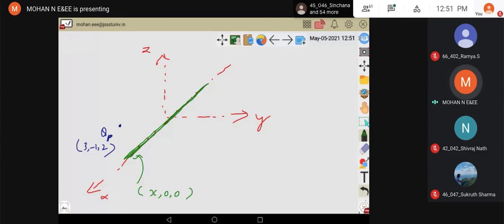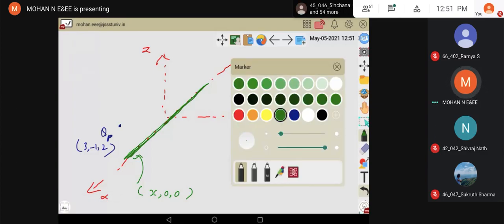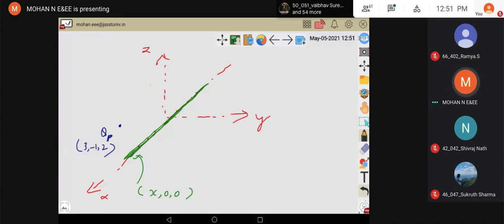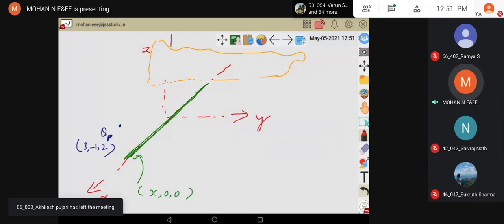Let me illustrate the surface charge. The surface charge is assumed to be on a plane, that is x is equal to -3, that is a constant x plane, and it is like this. For example, I will take the plane like this. So this is my plane, which is at a distance of this length.